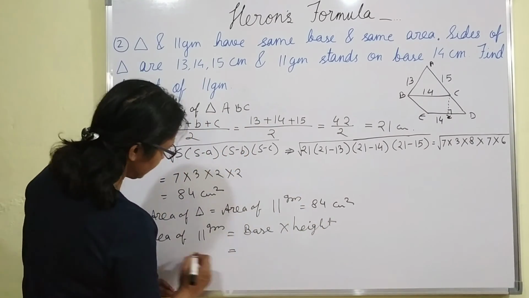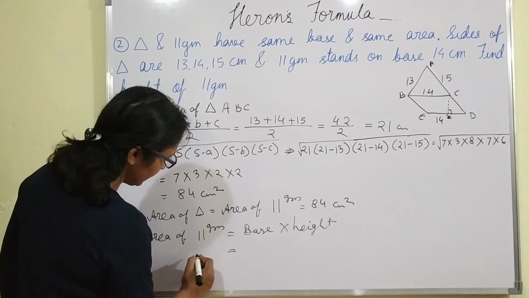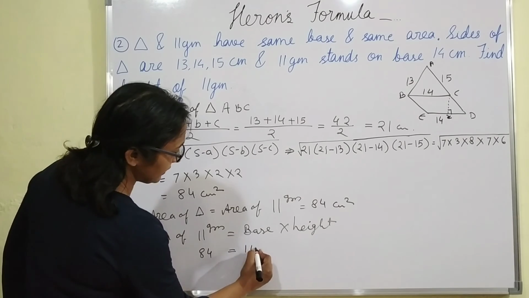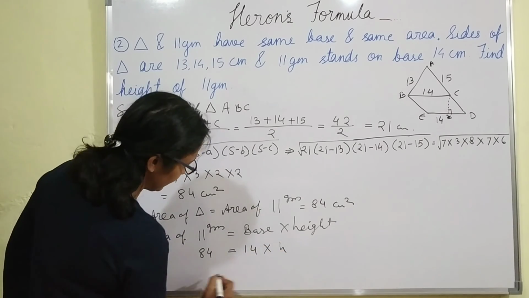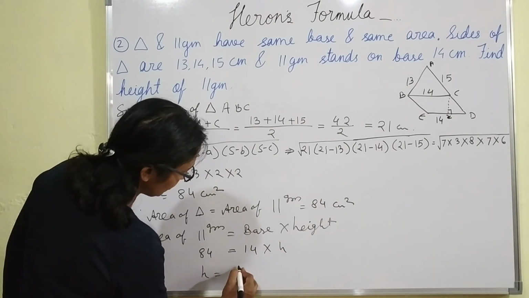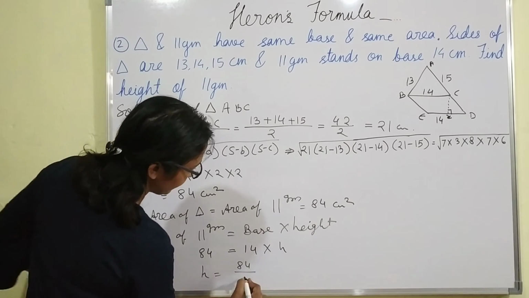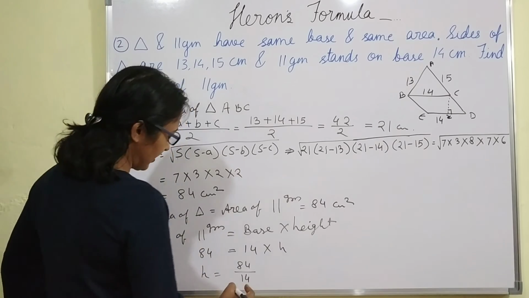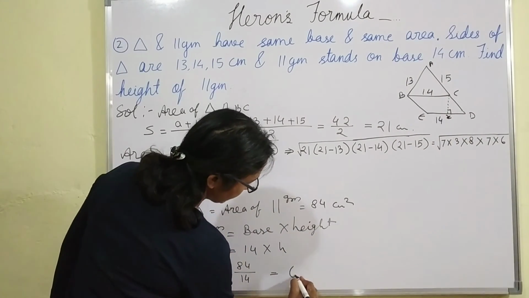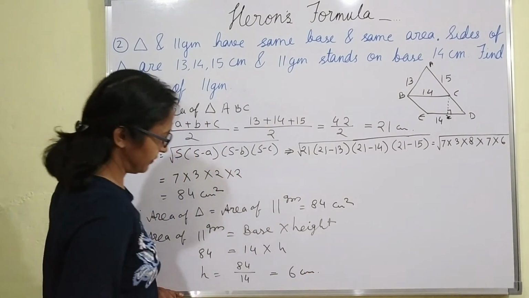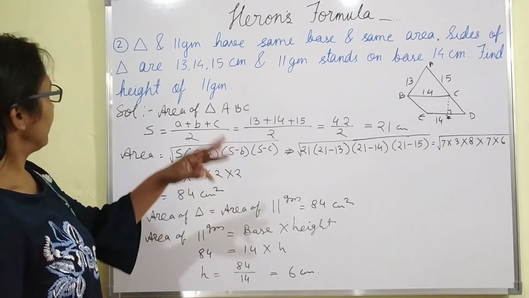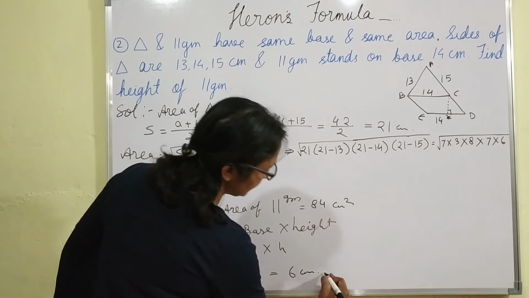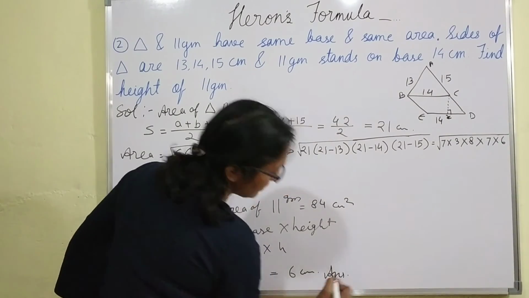So the area we got is 84, the base is 14, and we want the height. So height equals 84 divided by 14, so 6 centimeter. Okay, we had to find the height of the parallelogram. So the height of the parallelogram is 6 centimeter. It's our answer.